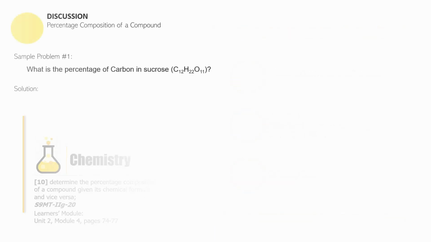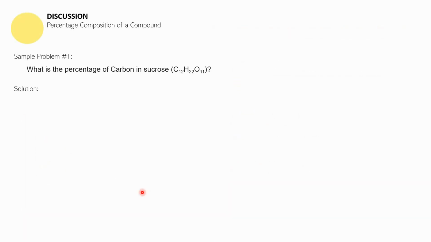Let's begin. For our first sample problem and for the discussion on percentage composition of a compound, we will be solving for the following. What is the percentage of carbon in sucrose, which is C12H22O11? The question is ganito.